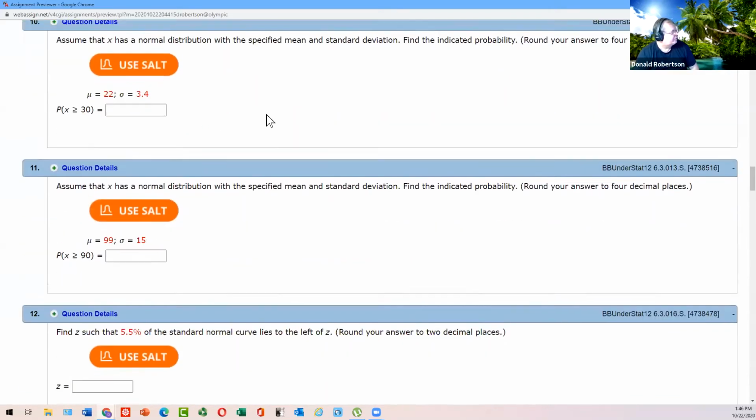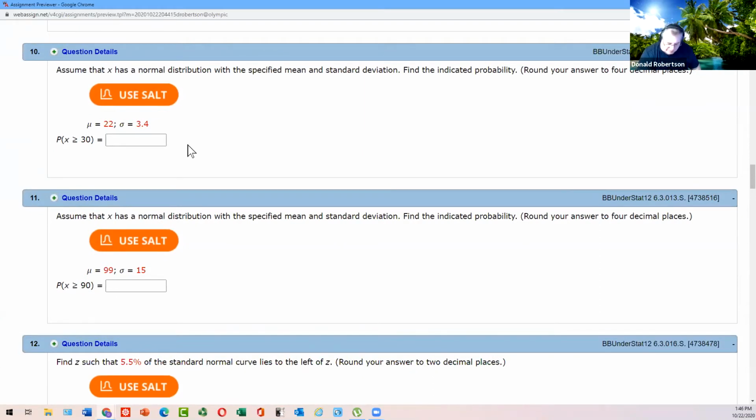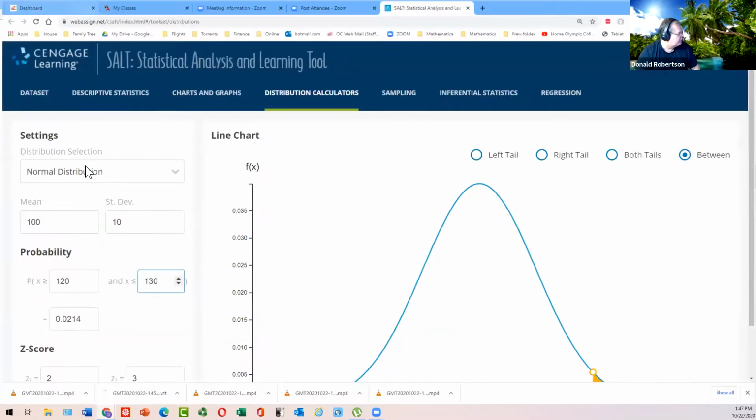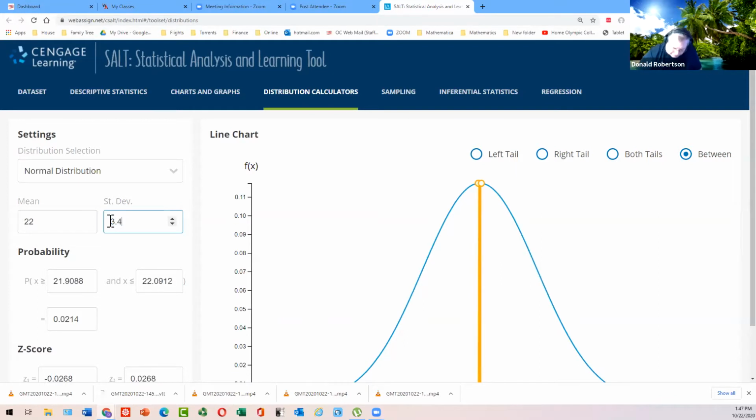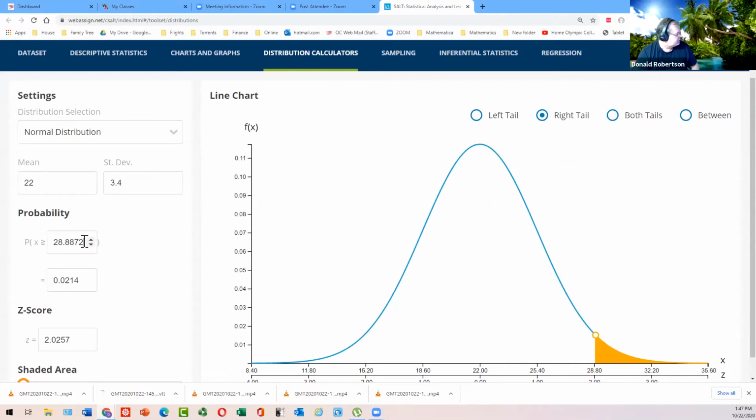Okay. This is question 10. The mean is going to be 22. The standard deviation is 3.4. What's the probability that you choose someone at random and they are greater than or equal to 30? So here goes. 22, 3.4, greater than or equal to, so that's a right tail, and greater than or equal to 30.